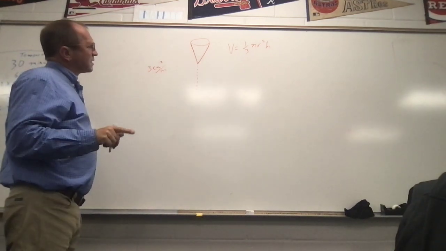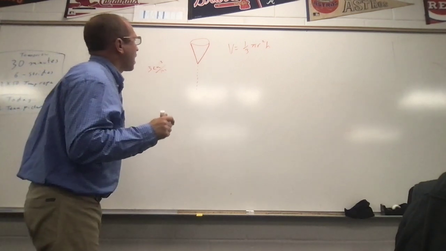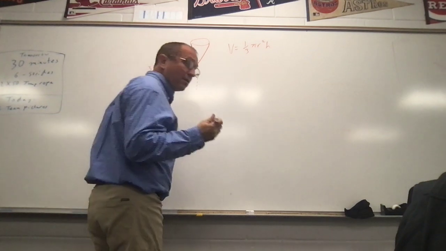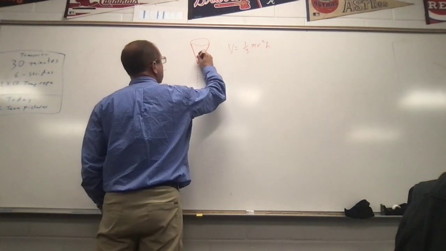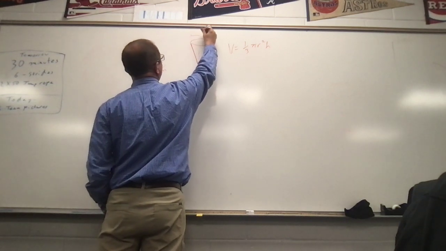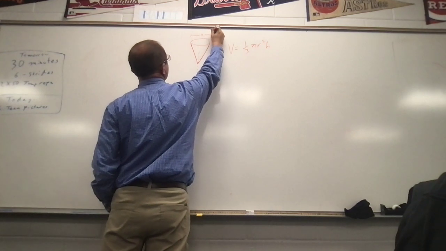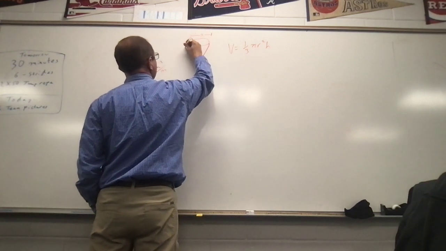So if that's the case here, let's find out what is the change in the height or the depth, which is the same thing as the height. What's going to be the change in the depth of this cone? And this cone is going to be 12 inches by 12 inches.